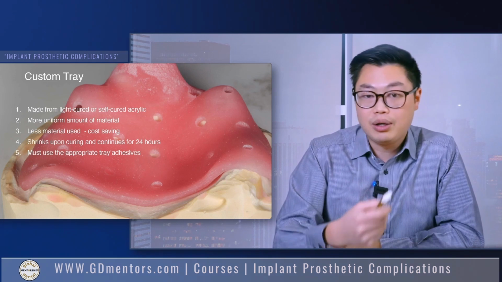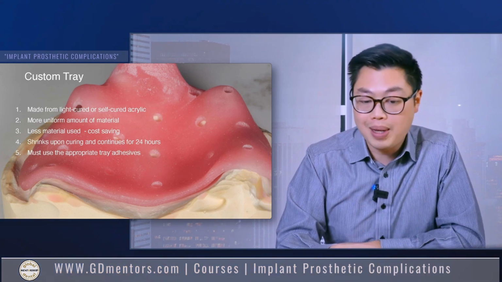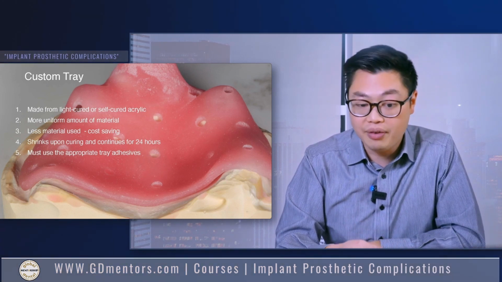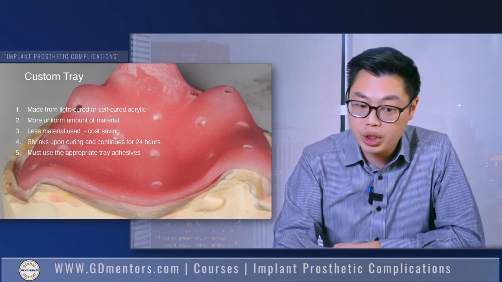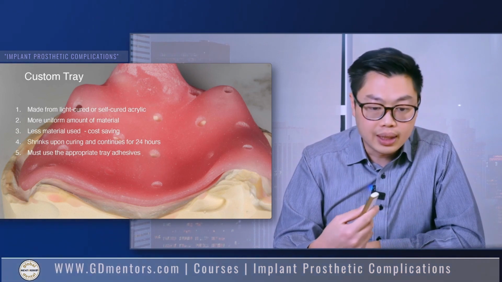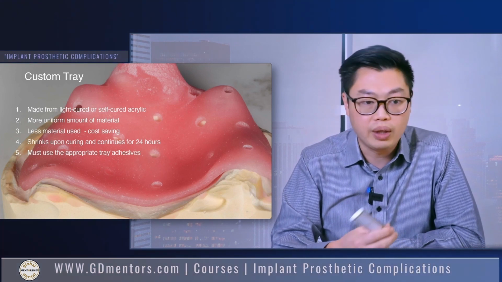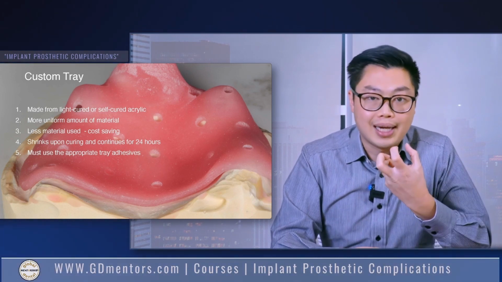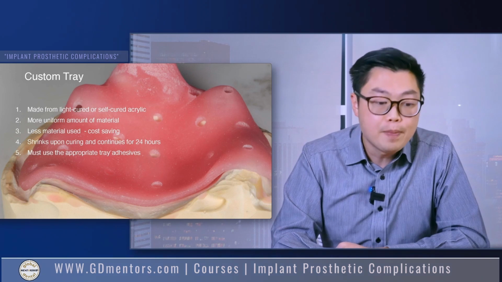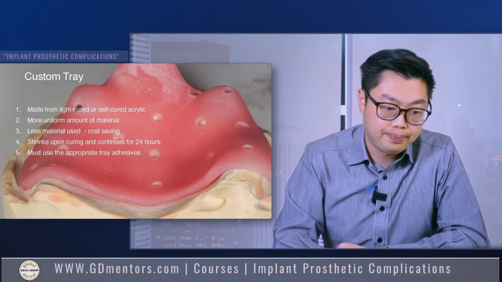So if you have an in-house lab, or if you're getting your assistant to make you these trays, or whoever's making these trays in office, like right before the impression, you cure it, you take an impression, you send it to the lab, they pour the model like 24 hours later, the tray is actually going to continue to shrink and actually cause distortion.